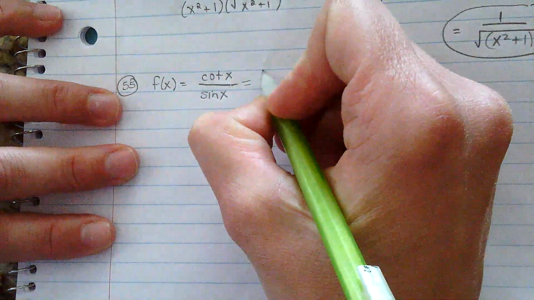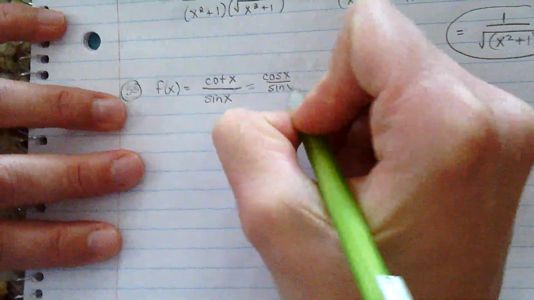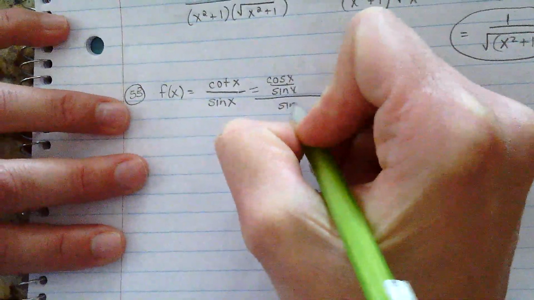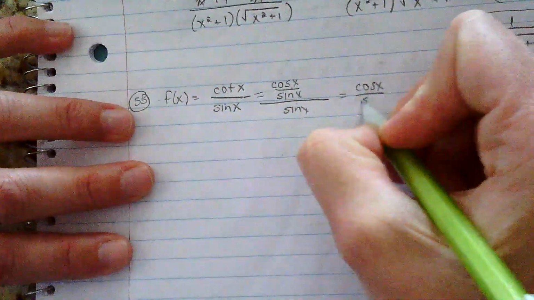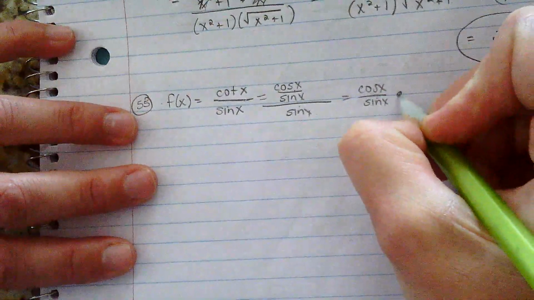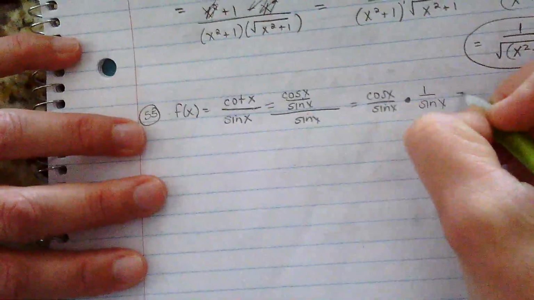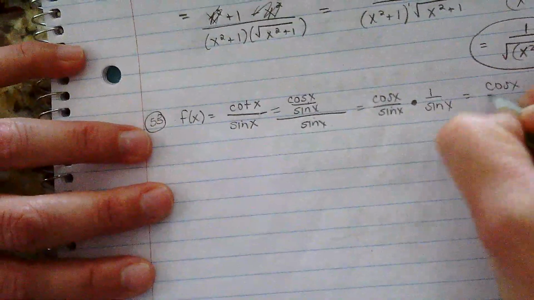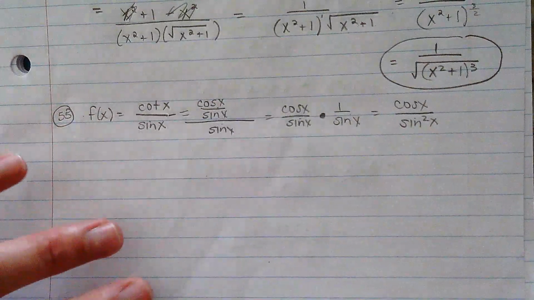Cotangent is cosine over sine divided by sine x. So it would keep, change, flip, keeping the numerator, change division to multiplication, and flip sine to 1 over sine. And then I would see this as cosine of x over sine squared x. Oops, sorry.